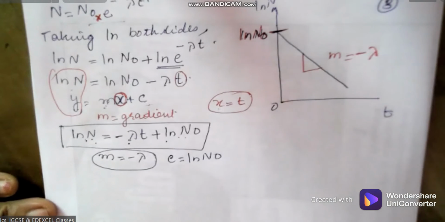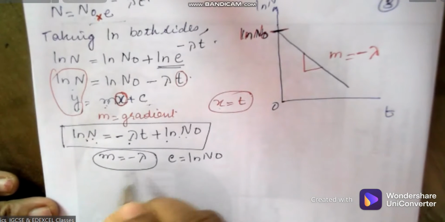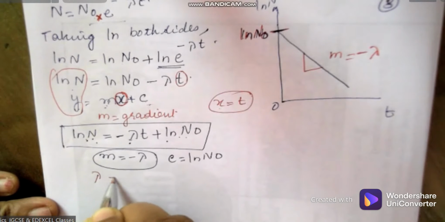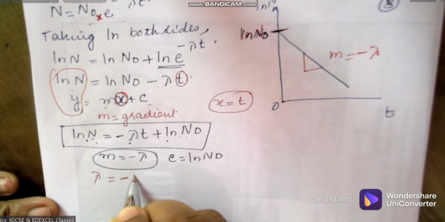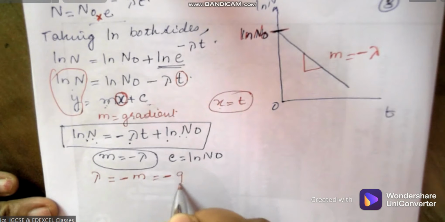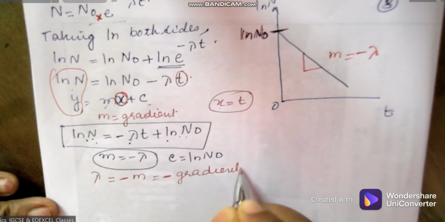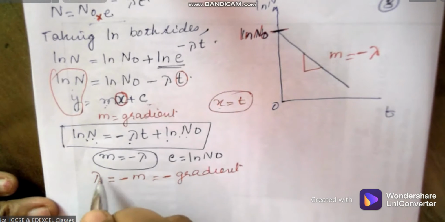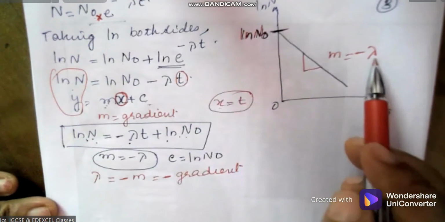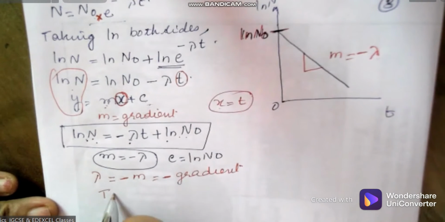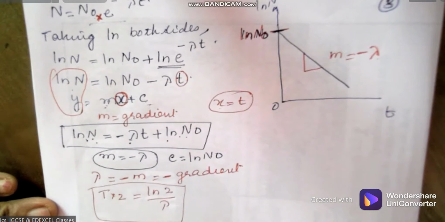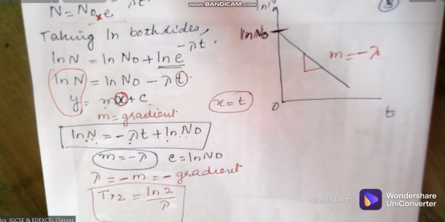So what is the use of this? The decay constant is equal to the negative of the gradient. The significance is that from the graph you can find lambda. Therefore, half-life can easily be found as ln 2 by lambda. Understood? These four derivations are important.